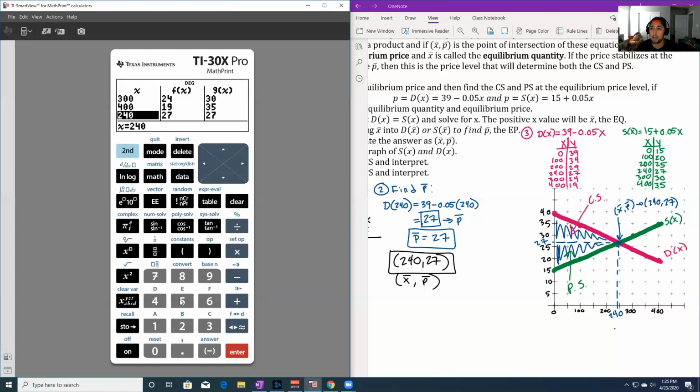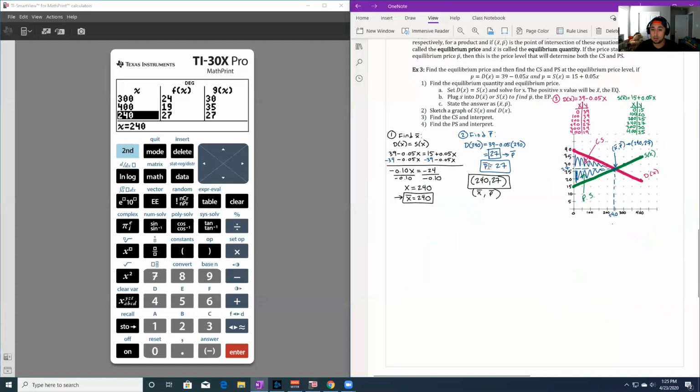Now we've made it to 3 and 4. Find the consumer surplus and find the producer surplus. So 1, 2, 3, well, this will be 4.